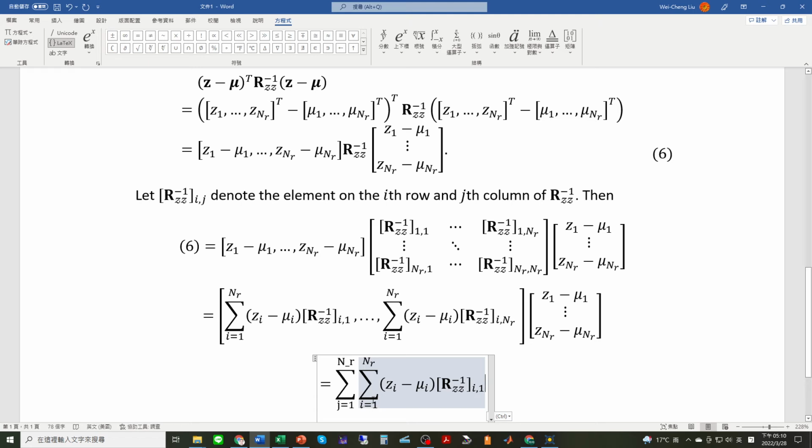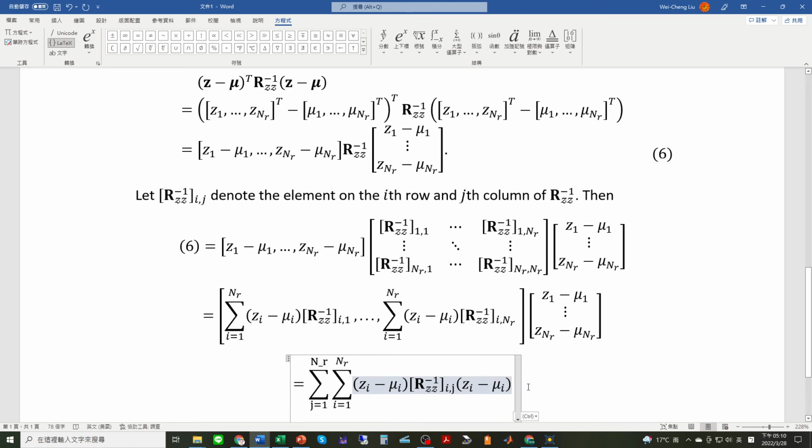I is equal to 1 to NR Zi minus mu I RZZ inverse IJ. And finally, this term should be Zj minus mu J.